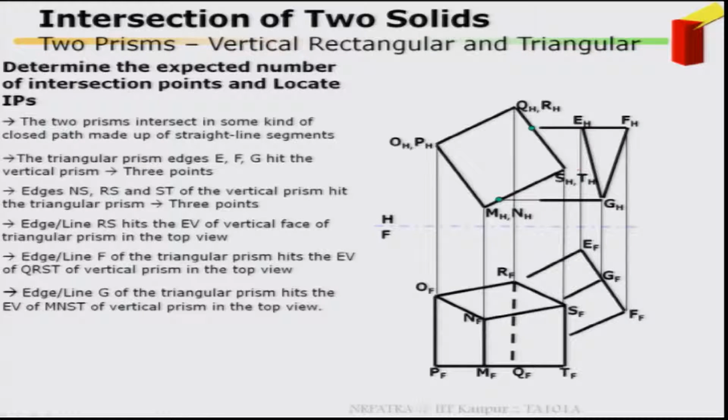Edge line RS hits the edge view of the vertical face of the triangular prism in the top view. The edge line at the front of the triangular prism hits the edge view of QRST of the vertical prism in the top view. Edge line G of the triangular prism hits the edge view of MNST of the vertical prism in the top view.